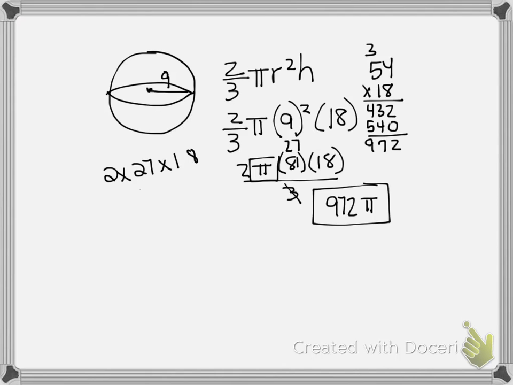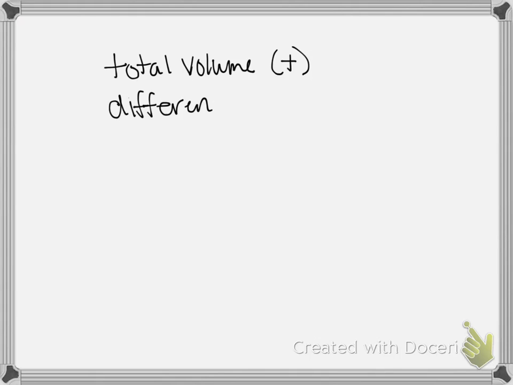everything else is just word problems. Let's talk about some phrases that we need to know. So if I'm giving you a cone and a cylinder and I ask you to find their total volume, this would mean to add. If I ask you to find the difference in their volumes, this would be to subtract.